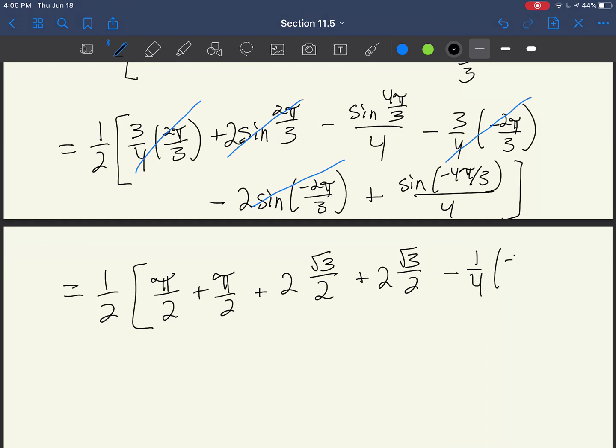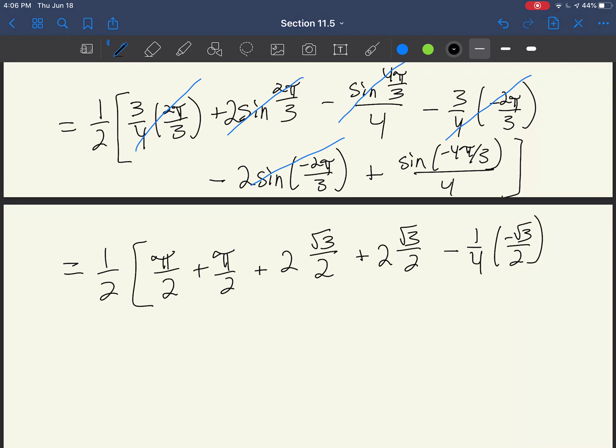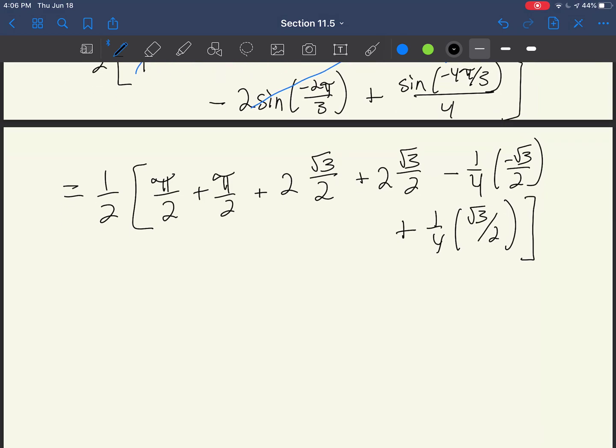Sine of 4 pi over 3 is, with the minus 1/4, going to be a negative root 3 over 2. And then the last one, we have the 1/4. Sine of negative 4 pi over 3 is going to be positive root 3 over 2.